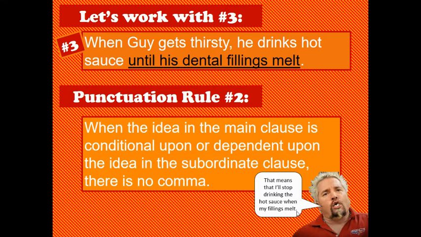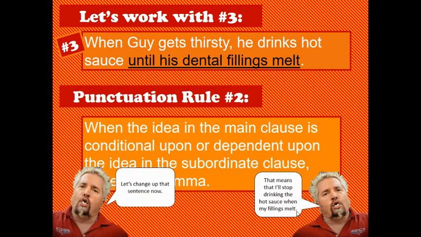He's only going to drink until his dental fillings start melting. And once his dental fillings melt, then he's going to stop drinking. So the main verb actually needs that last part of the sentence. And if you need something, you don't break it up with any commas. So that's the reason why there's no comma in this one.